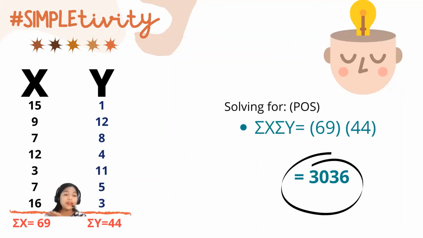We have already learned that summation of x is 69 and that summation of y is 44, obtained previously in our computation. So it's 69 multiplied by 44, it's 3036. So that is the product of sums.